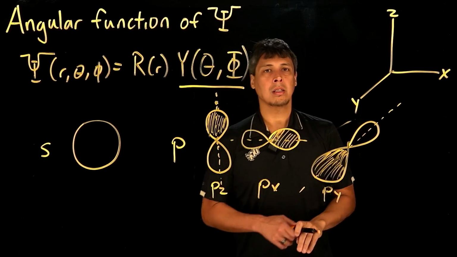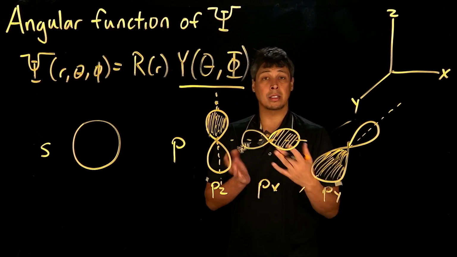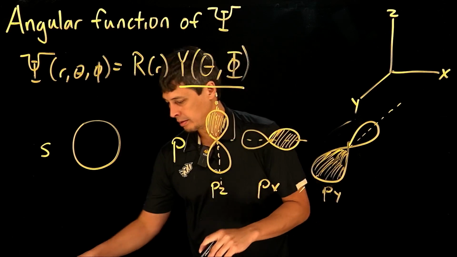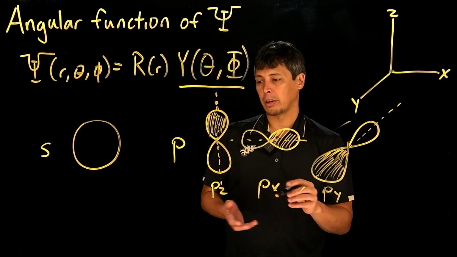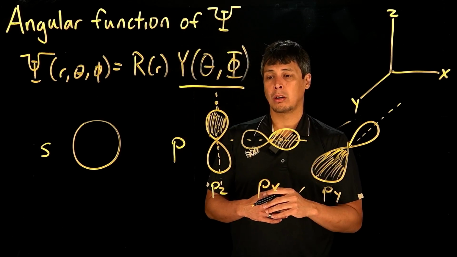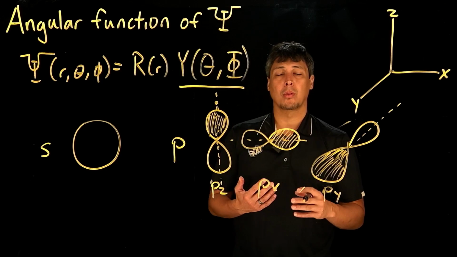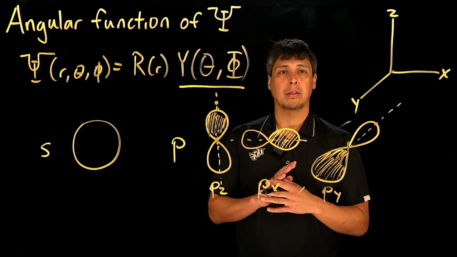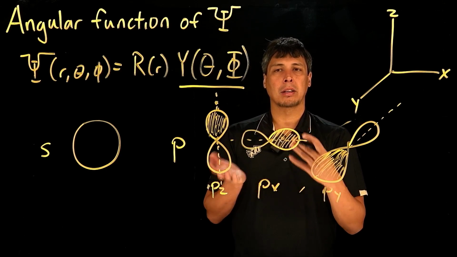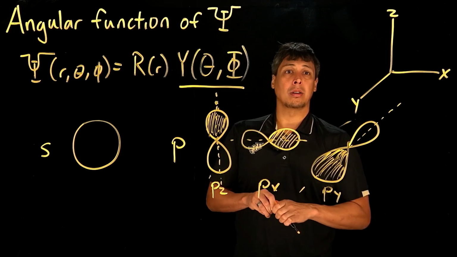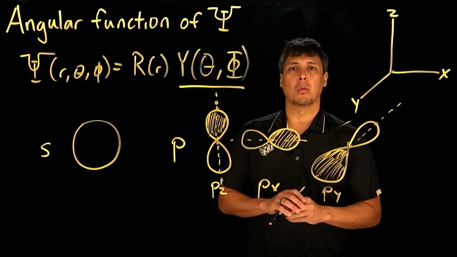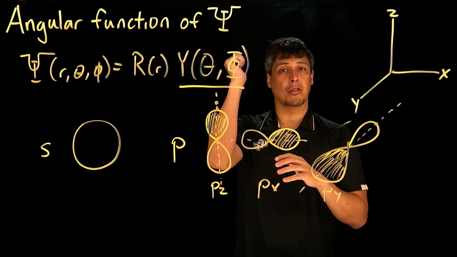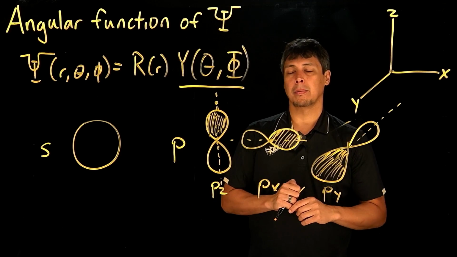Now this comes from the sign of the angular component of the wave function. So if you recall, thinking back to the one-dimensional particle in the box, you can have crossing points where the value of the wave function will cross over from positive to negative.